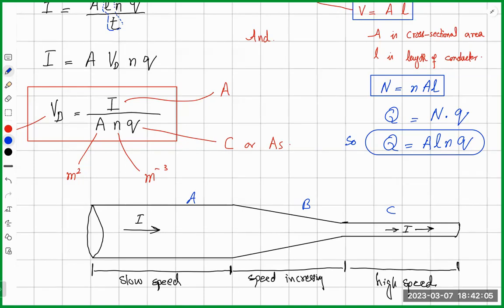The volume of water is still the same, but as you have put your thumb in front of the hose, area decreases and speed increases. You have witnessed that in the mechanical world, but the same applies to the electrical world as well. Smaller cross-sectional area means more drift velocity.